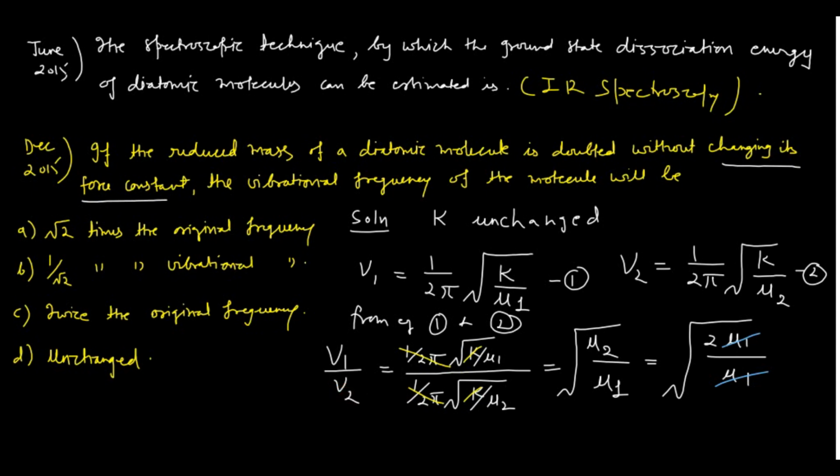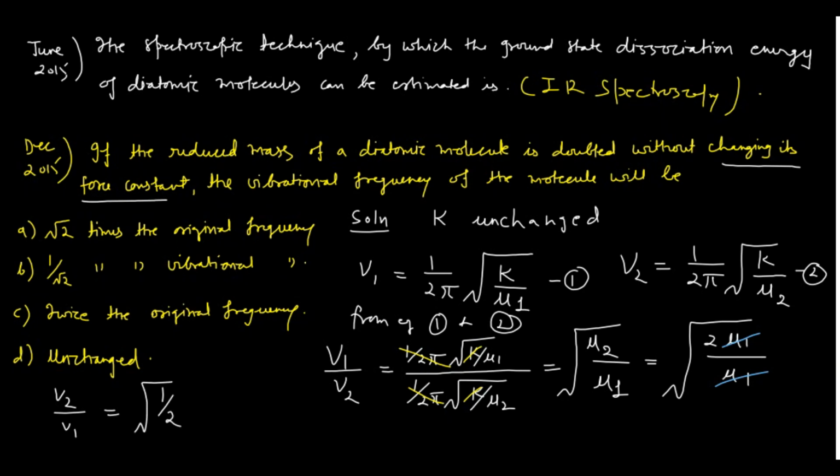So I made the question a little bit typical, because I have divided equation 1 by equation 2, but you can also divide equation 2 by equation 1, and it will not make any difference in the final answer. So I am inverting it. I am writing nu2 by nu1, sorry, that equals under root of 1 by 2, right?